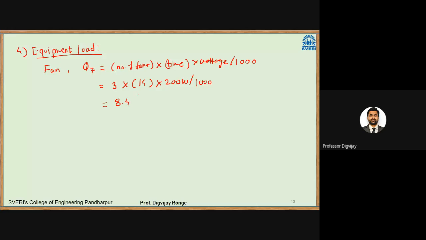So that would be 8.4 kilowatt hour per day. Okay. We can do this calculation manually also, only if you know these tables. Then next thing is defrosting.